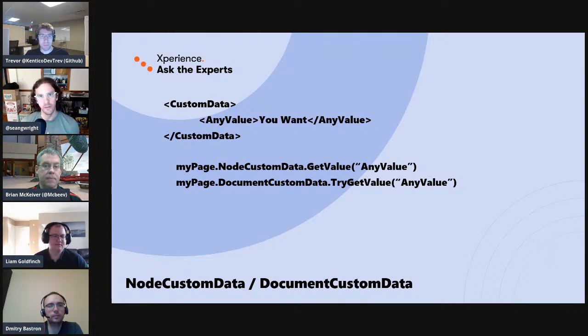You can store whatever you want in there. So you could store the is in sitemap value in your document custom data, and that will let you build out a sitemap where different cultures of the same page have a different value of whether or not to include them in the sitemap.